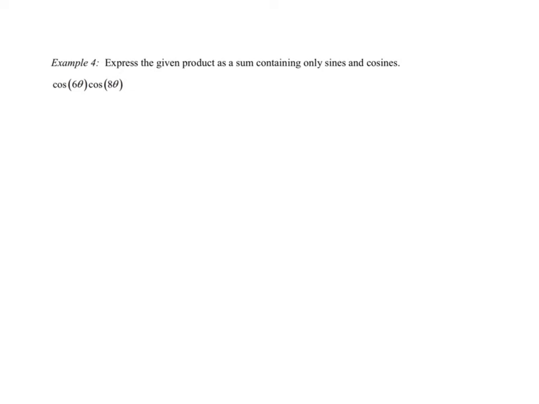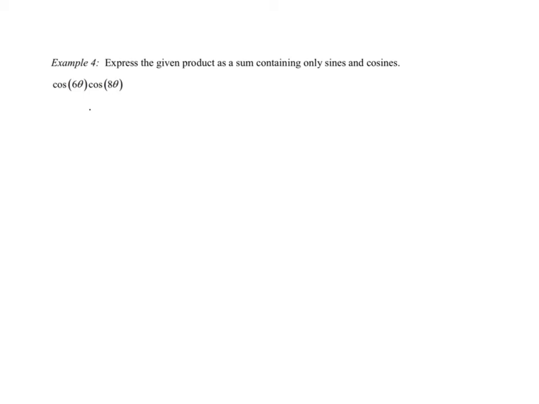All right, in example 4, I have the product of two cosines. Now, 6 theta is before 8 theta. That doesn't really matter. Whenever I do the subtraction, I'm always going to do the bigger one minus the smaller one, and it's not going to really make that much of a difference.